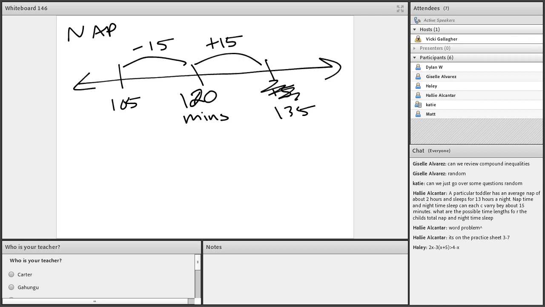What are the possible lengths of nap and nighttime sleep? If we were doing just the nap time sleep, and this is inclusive, it could be 105, it could be 135, or it could be anywhere in between.